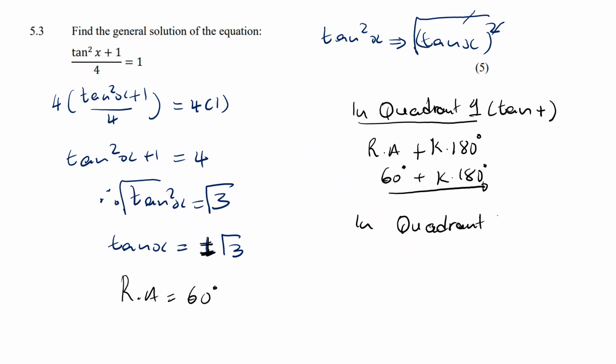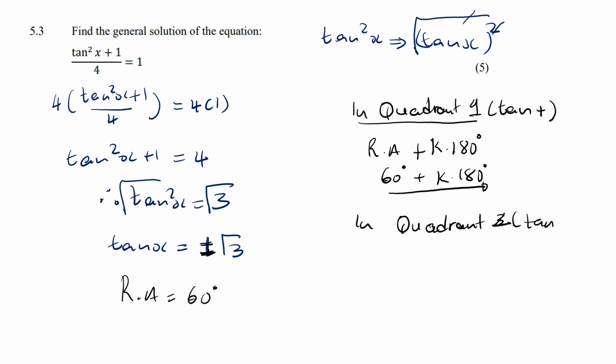Let me go to quadrant 2, because tan is negative in quadrant 2.